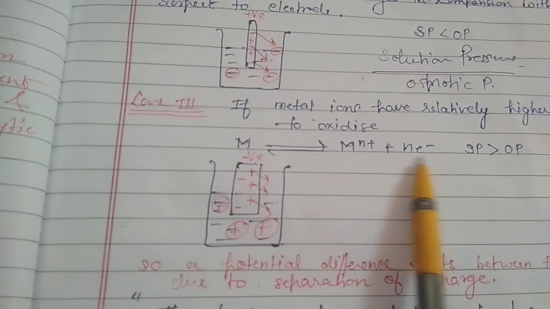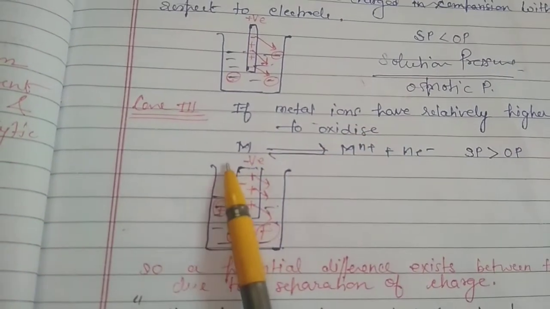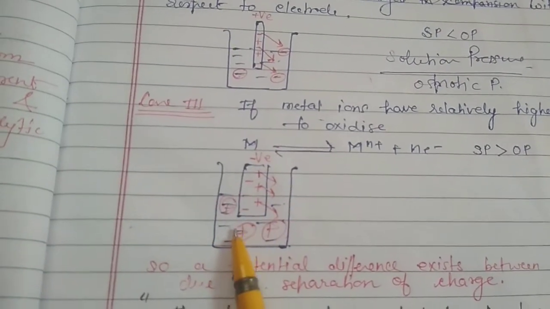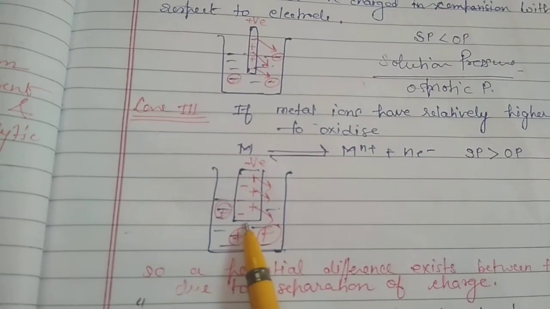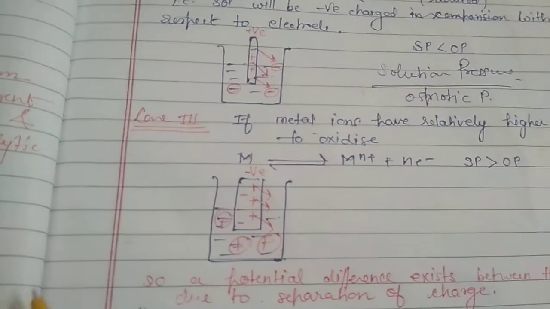That is, it undergoes de-electronation and moves towards the solution. As solution pressure is more, the metal is converted into the metal ion by the de-electronation process.